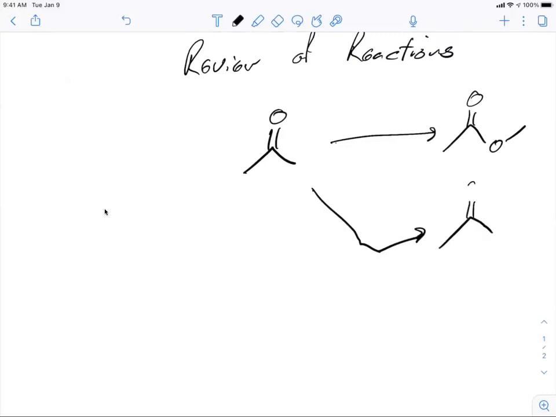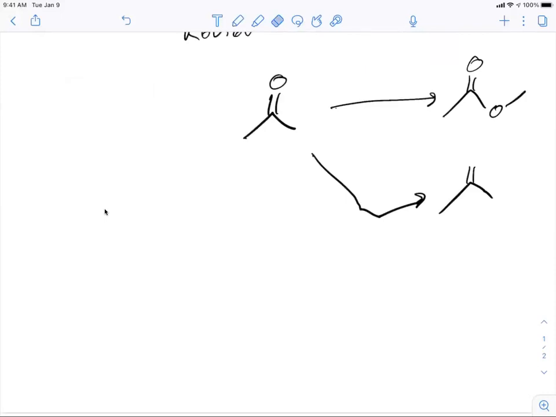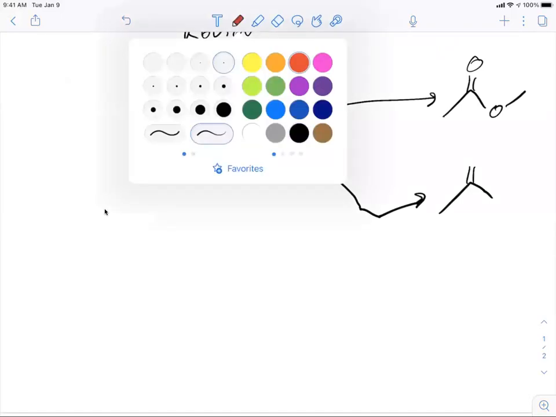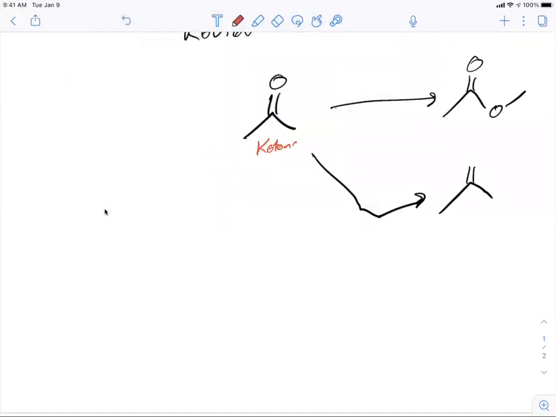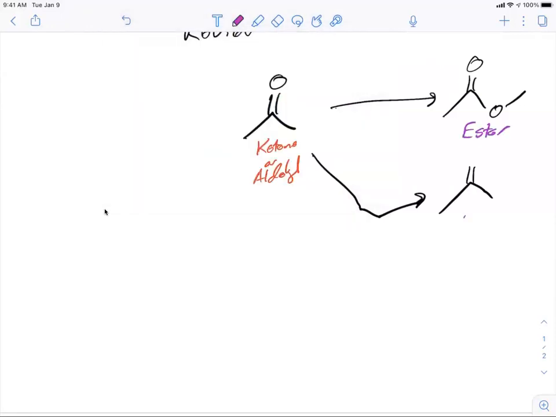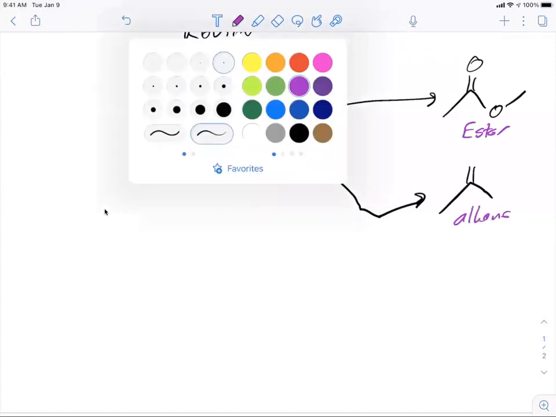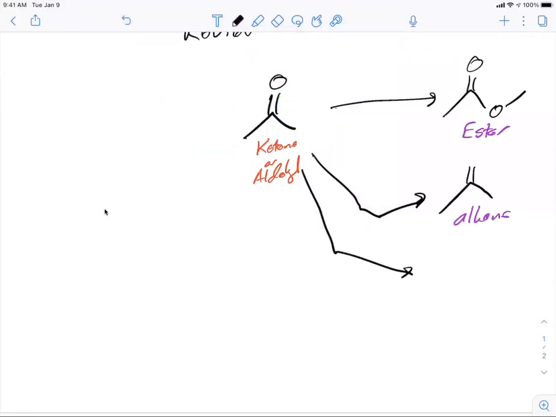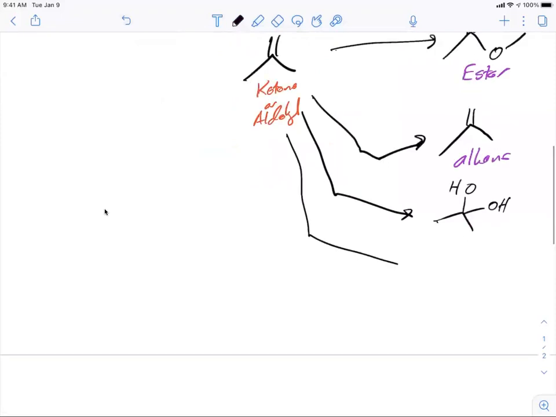If we look at this one, we've started with a ketone or aldehyde. And we can see that we have now an ester, we have an alkene, and we can show all of the different functional group changes. There's a hydrate, I'll draw that in a minute. And of course, this gets pretty big.